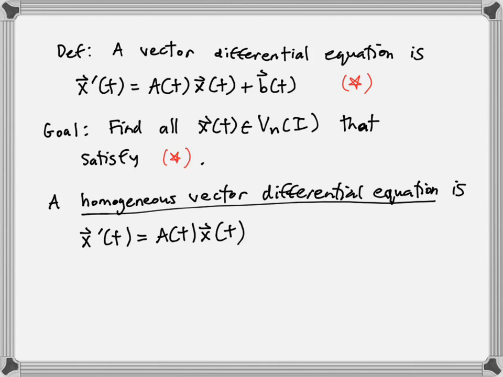You notice there is no b of t, or another way to think about it is that b of t is equal to 0. B of t is equal to the 0 vector, right? It's just not there. Okay, so we have a vector differential equation. This is our definition of that. And then we have a homogeneous vector differential equation, and that's the definition of that.